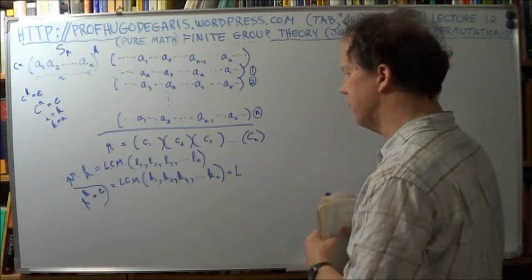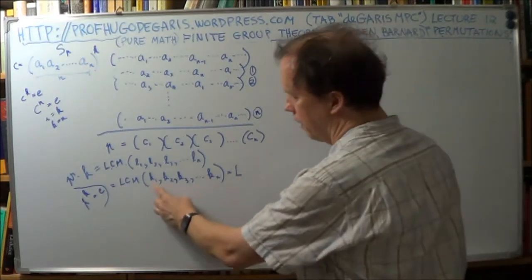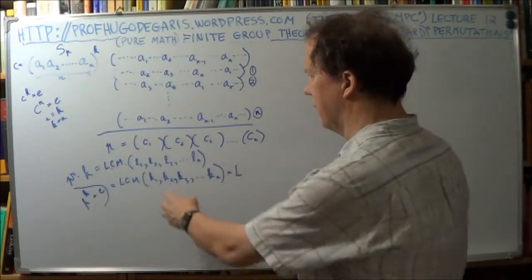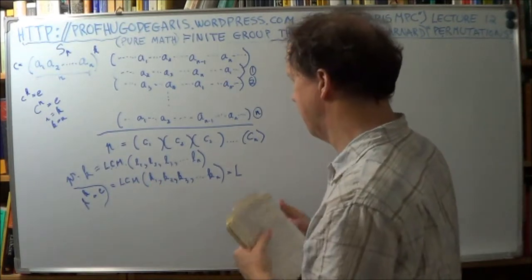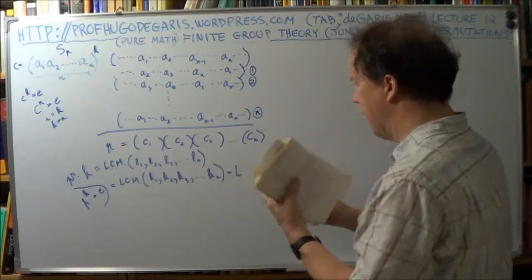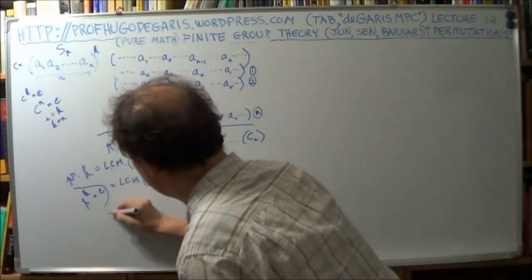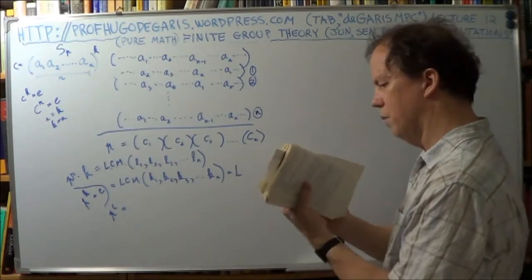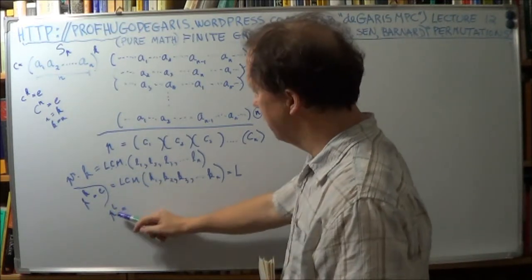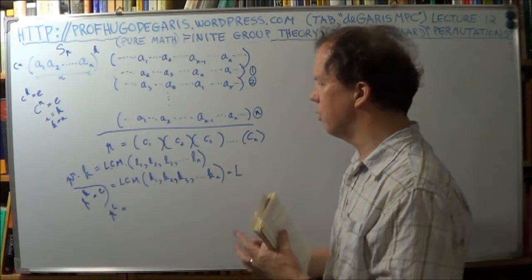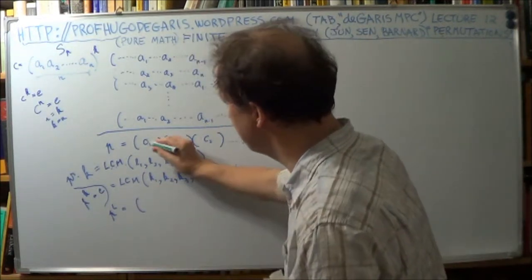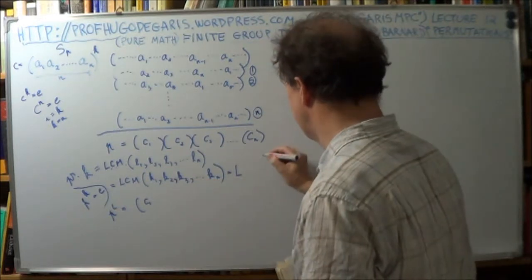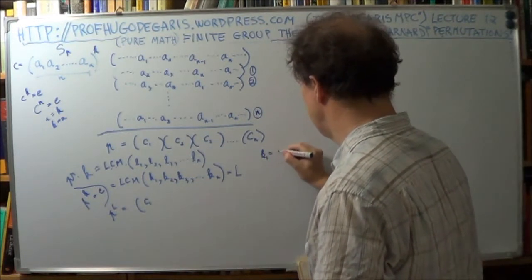So what is P to the L? If you apply this permutation L times, what will you get? Let's do the factors.